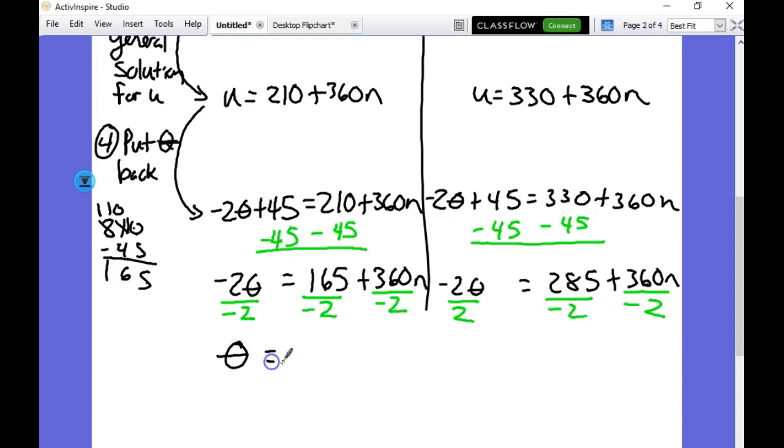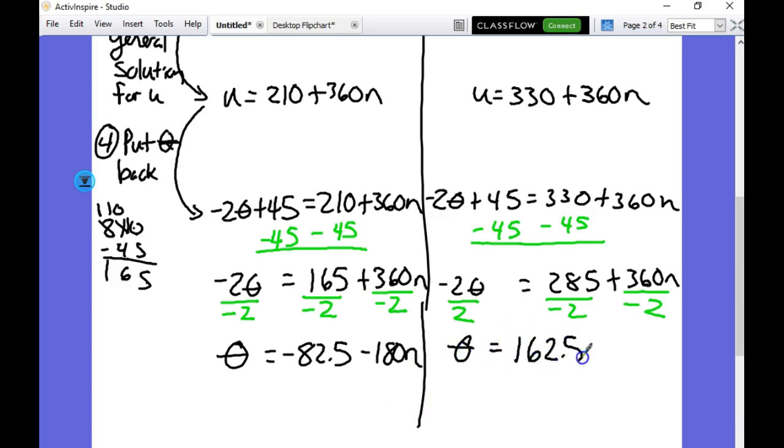So here we go. 165 divided by 2 is 82.5 with a negative in front, right? 360 divided by -2 is going to be -180n. And then we have theta equals -82.5 minus 180n.